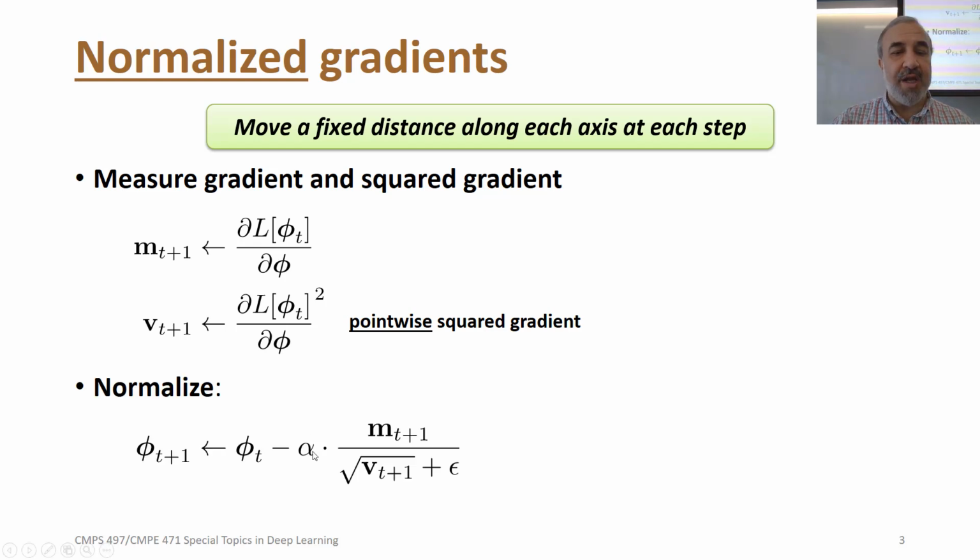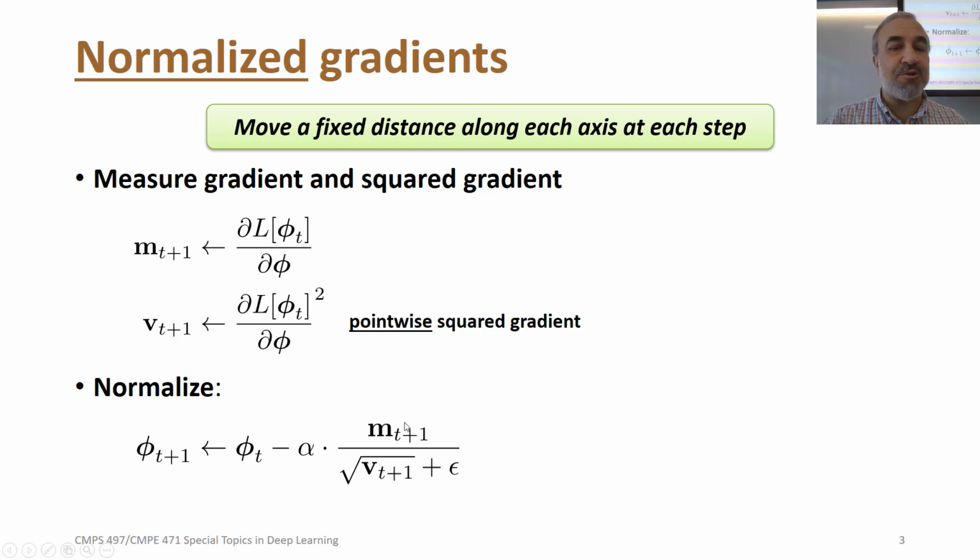And then we divide the gradient by the square root of the square. Forget about this epsilon for now, and think of this expression: the gradient divided by the square root of the square of the gradient.